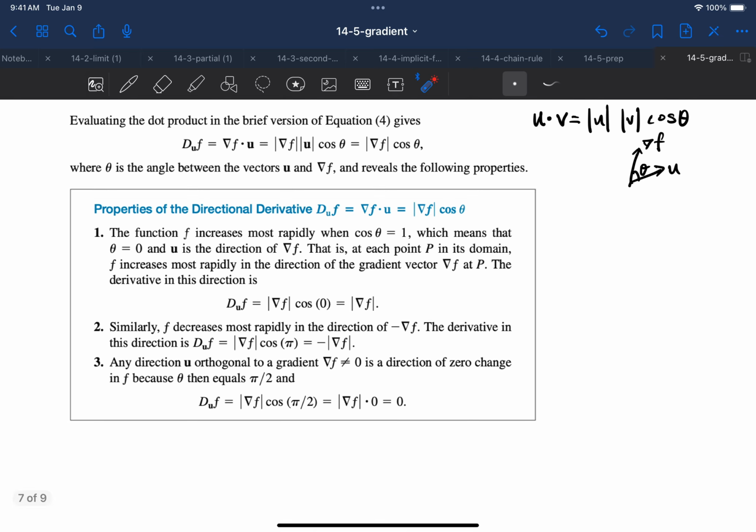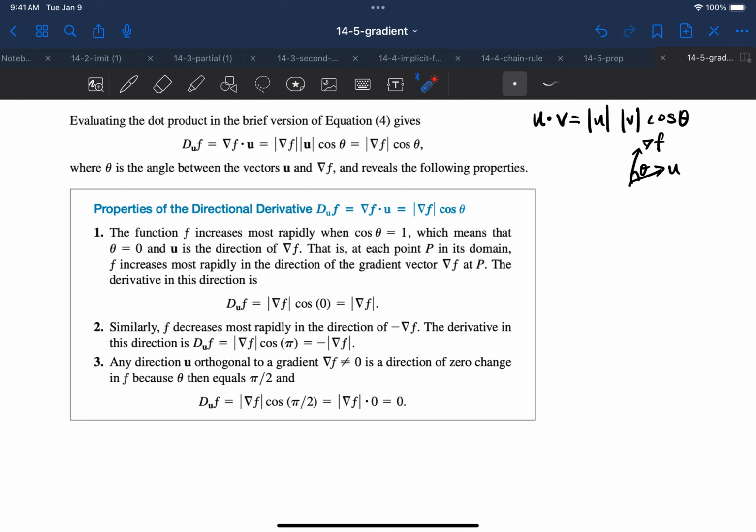To get this as big as possible, I want cosine theta as big as possible, which means I need cosine theta equals 1, because the cosine function has its maximum at 1. At what angle does that give you 1? The answer is theta equals 0. In other words, your moving direction and gradient f should agree. You want to go along gradient f. So this means gradient f, as a vector, is pointing to the fastest route to the peak.